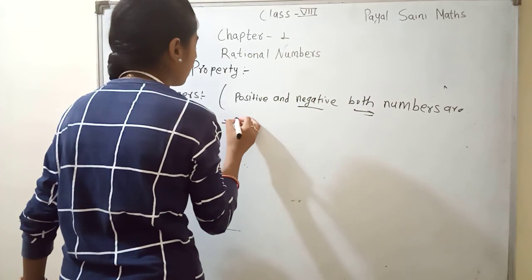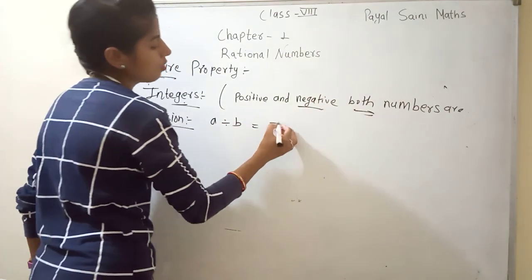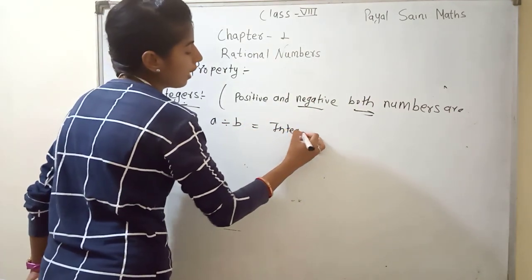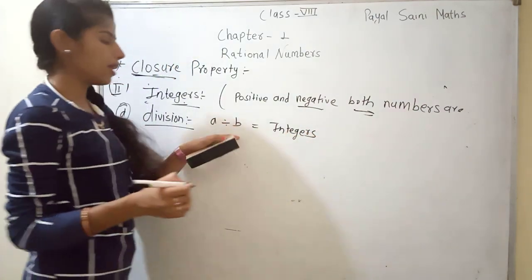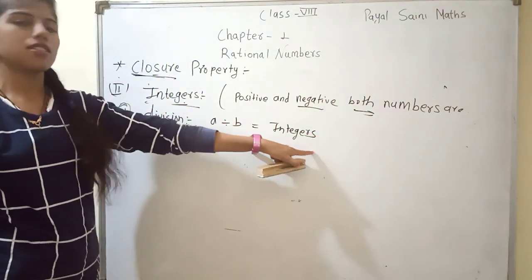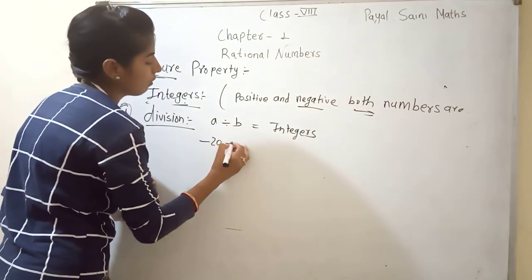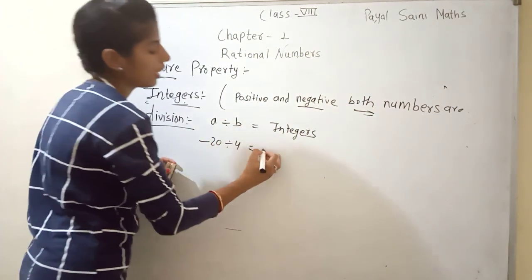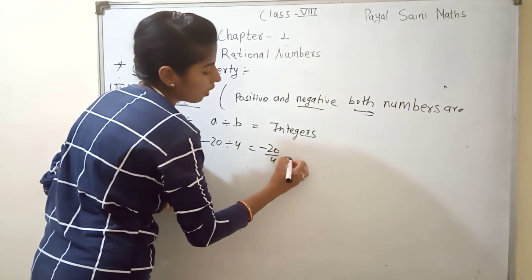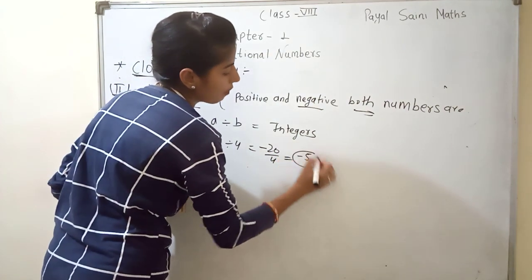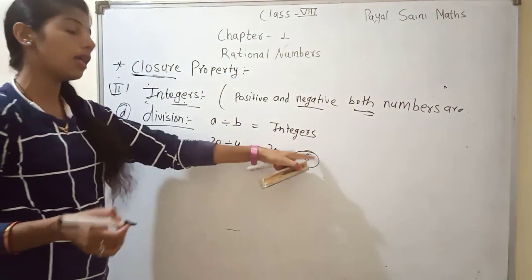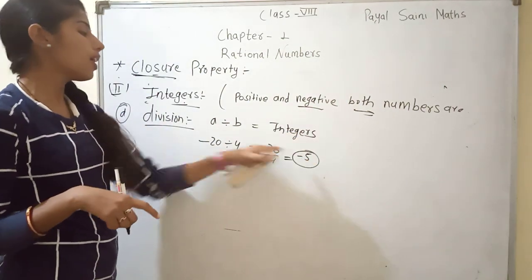We write a divided by b equal to an integer. It means when one number is divided by a second number, then your answer should become an integer. I write here minus 20 divided by 4. Then minus 20 by 4, and the answer should become minus 5. Then we can say by the first example it's verified.